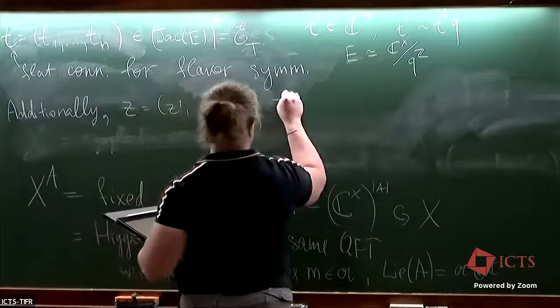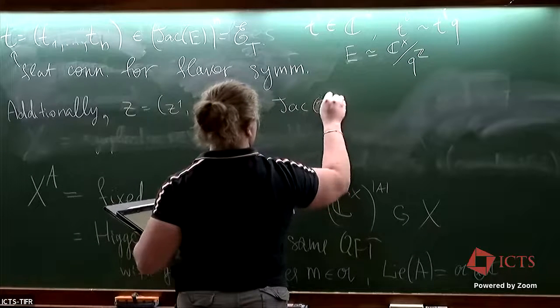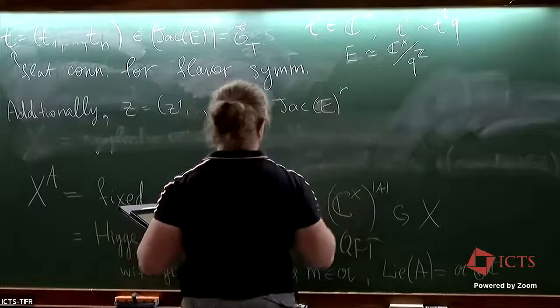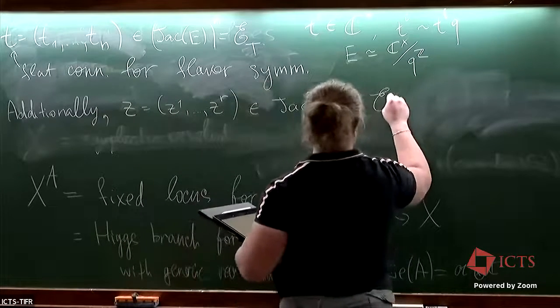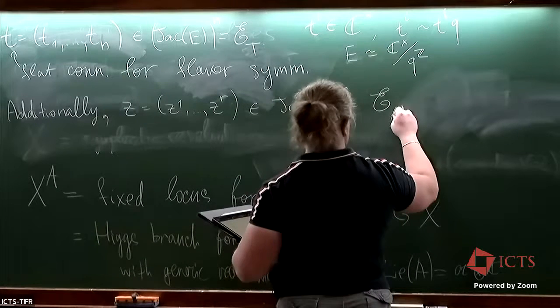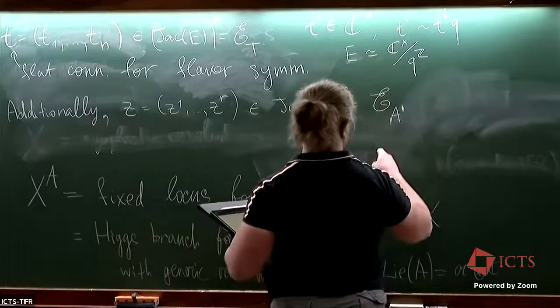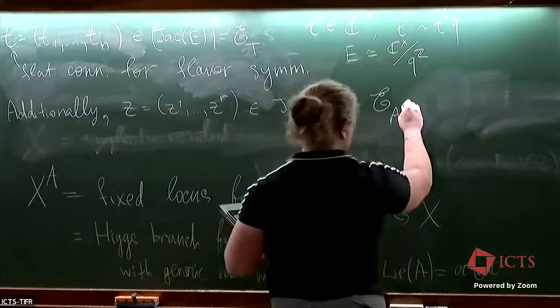Again, they are coordinates in the rth power of the Jacobian, which is now another abelian variety that I will call script E with subscript A prime.